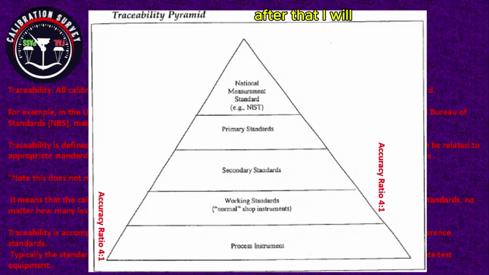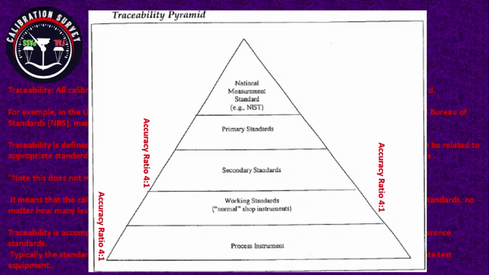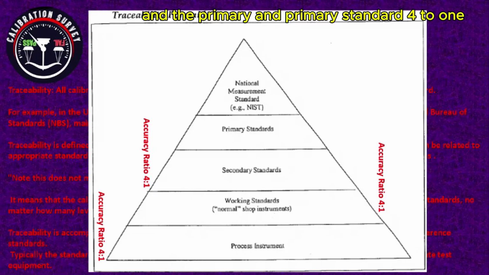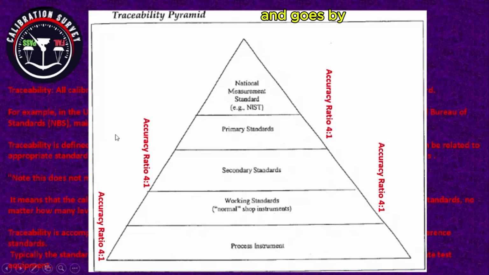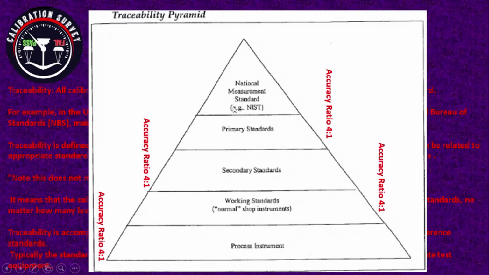After that, I will trace this secondary standard to a higher primary standard that also has an accuracy ratio between the secondary and the primary standard of 4:1, and it goes on, traceable directly to national measurement standards, also with a ratio of 4:1.